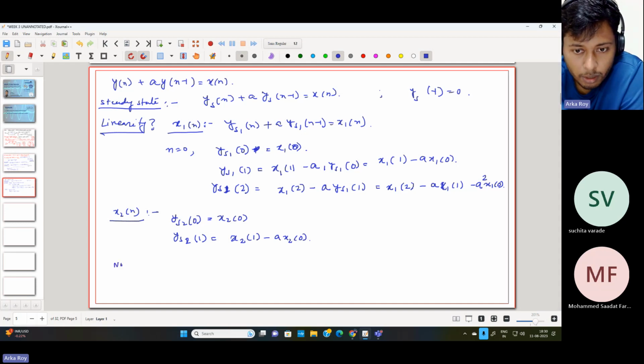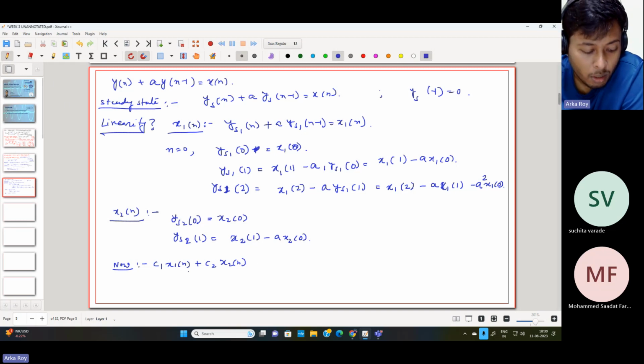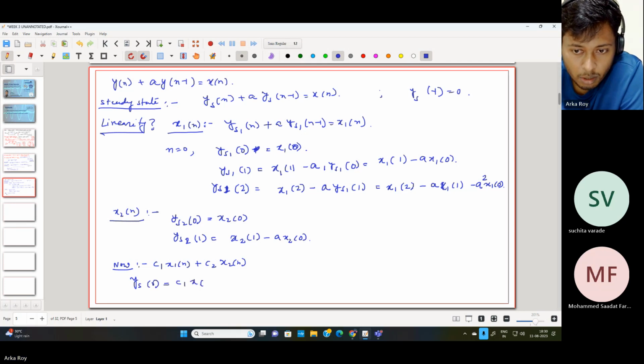Now if I use a combination of the inputs, for example C1 x1[n] plus C2 x2[n], we have to see what the output of the system is and whether it is related to the summation of the individual outputs. For this particular case, ys[0] will be C1 x1[0] plus C2 x2[0], because the governing equation is this one.